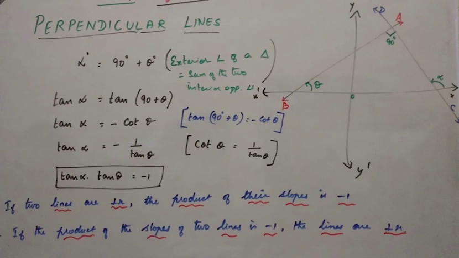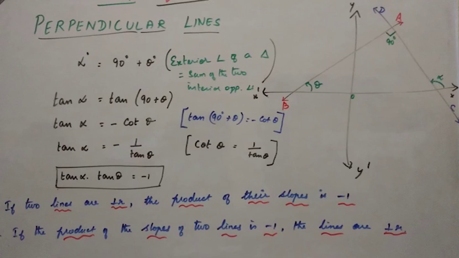Tan alpha is equal to tan of 90 plus theta. So, tan alpha is equal to minus cot theta. We know tan of 90 plus theta is equal to minus cot theta, and cot theta is equal to 1 upon tan theta. So, you will get tan theta into tan alpha is equal to minus 1.